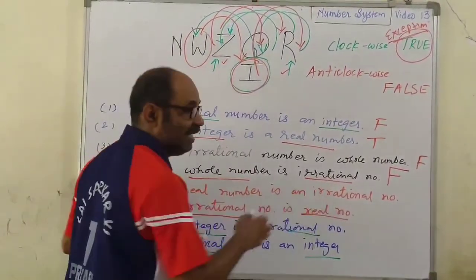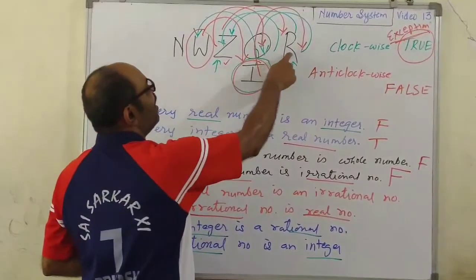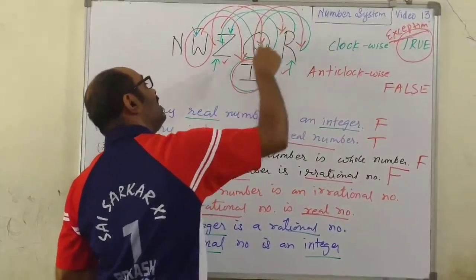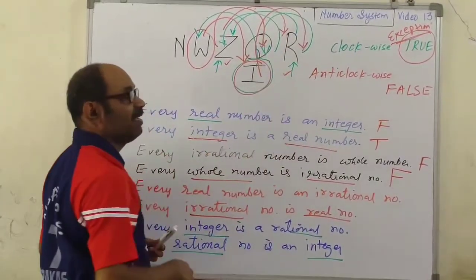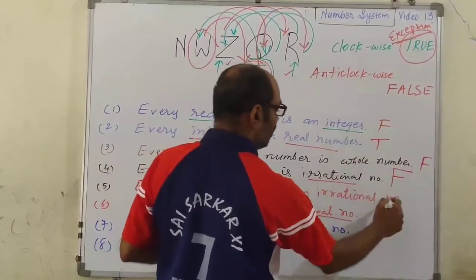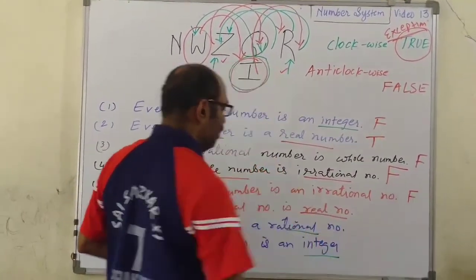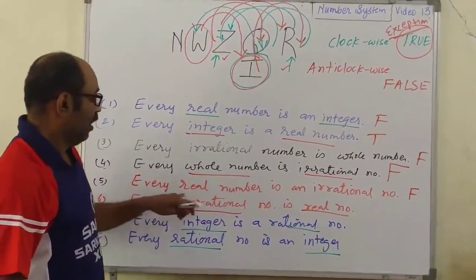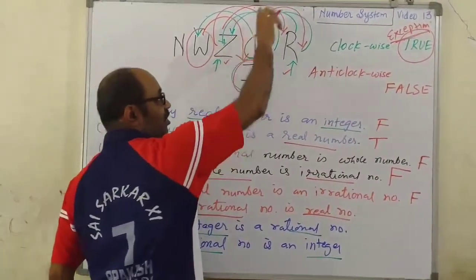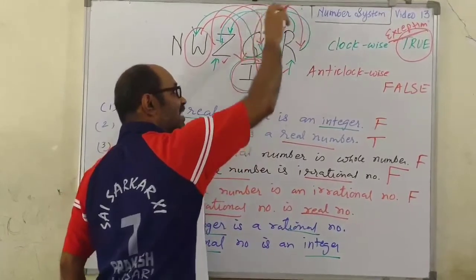Every real number is irrational. Where is real number? Here. Irrational here. Alright, this is anti-clockwise, so the statement is false. Next. Every irrational number is a real number. Every irrational is real. Yes.